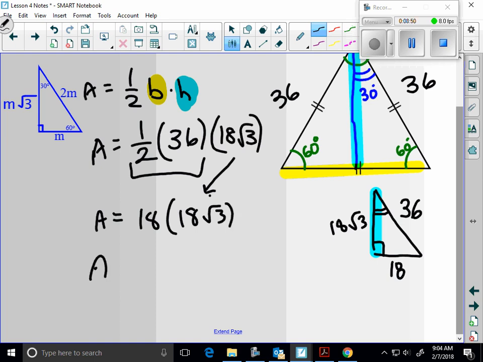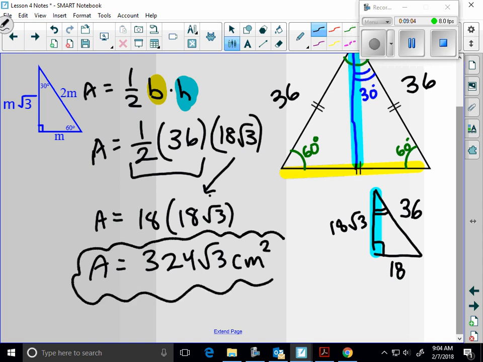Does anybody know what 18 times 18 is? 324, good. So I get 324 root 3. I think it's centimeters. That'd be the area of that triangle. Now, if you put it in decimal form and just multiplied it out, I'd be okay with that too on a test, unless you were told to do otherwise.